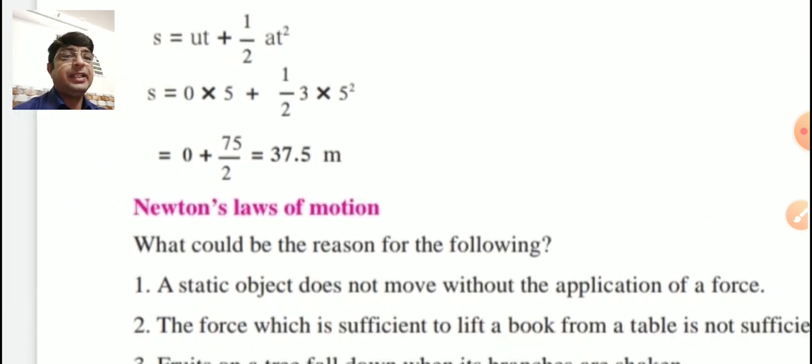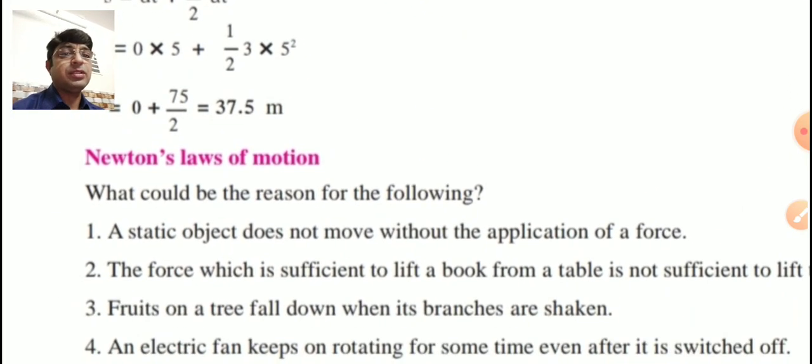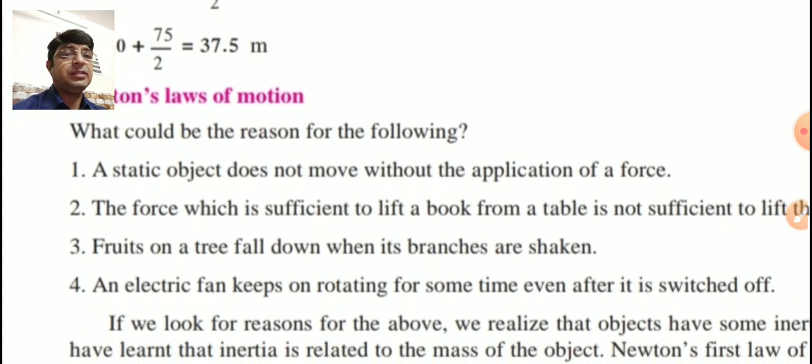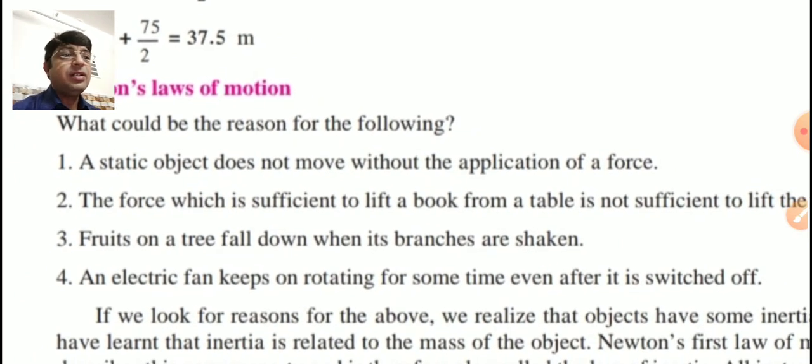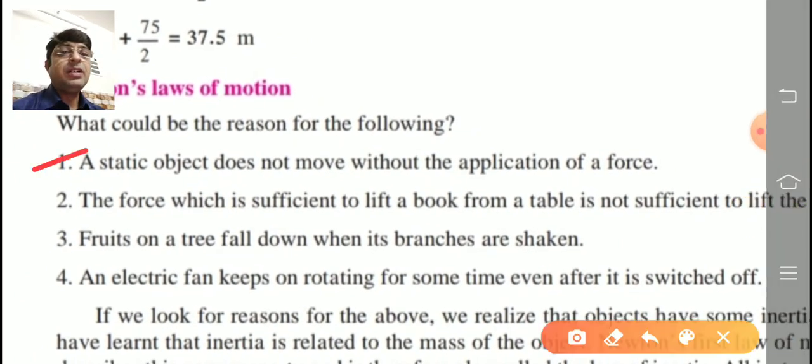Now the next point is Newton's law of motion. What could be the reason for the following? A few examples are given for us. First, a static object does not move without the application of a force.